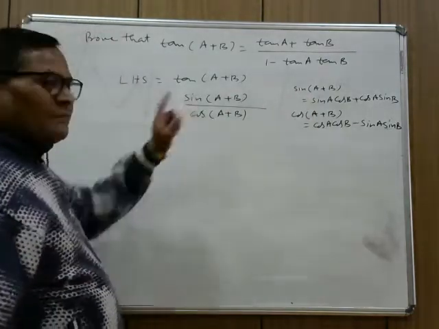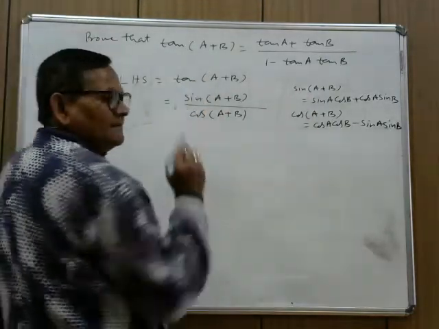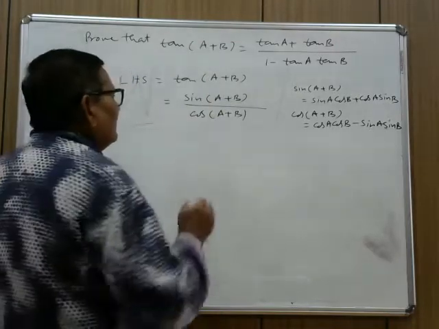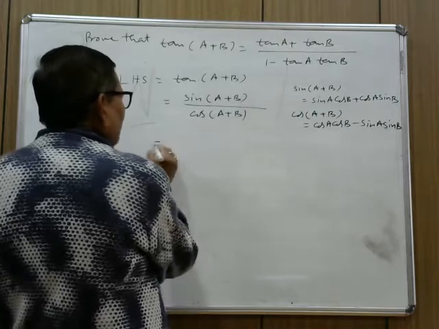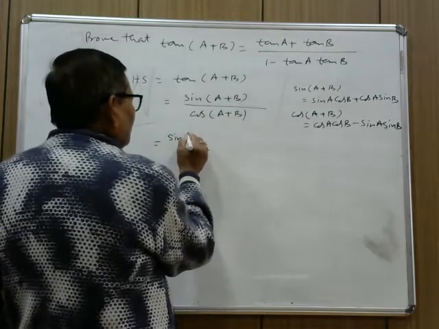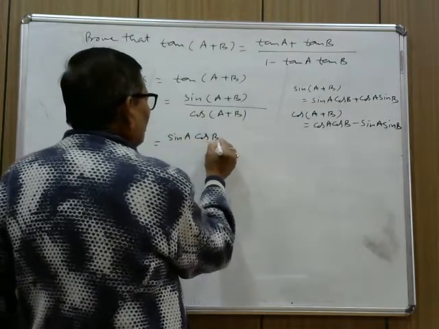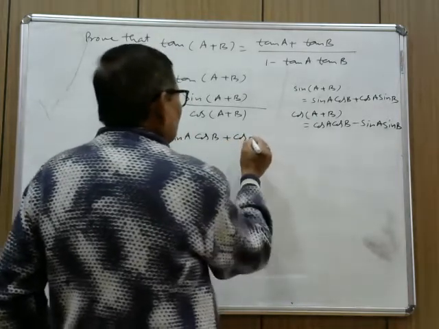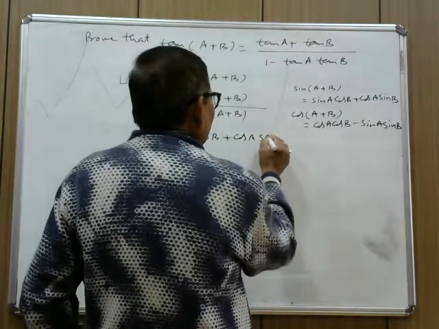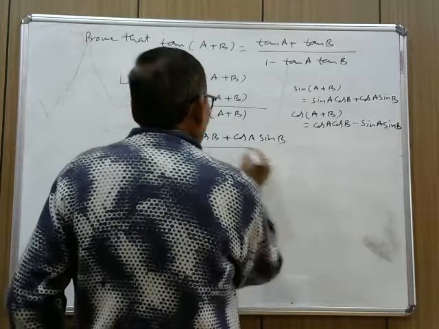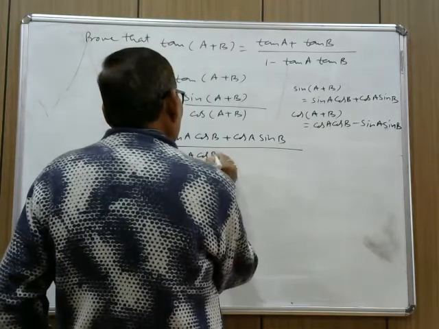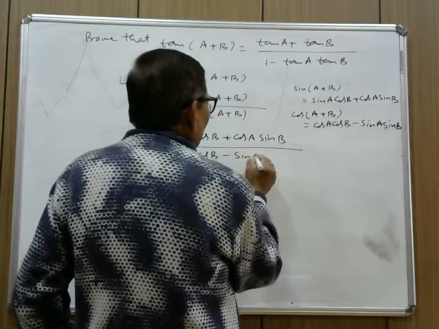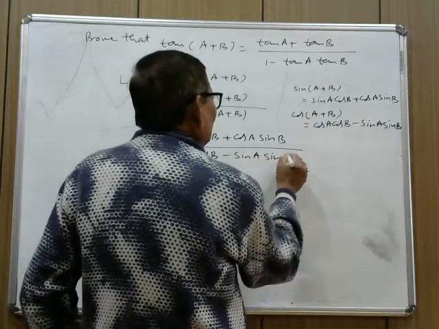By using these formulas, tan theta equals sin theta by cos theta, so by the formula for sin(A plus B) and cos(A plus B), we can write this as (sin A cos B plus cos A sin B) upon (cos A cos B minus sin A sin B).